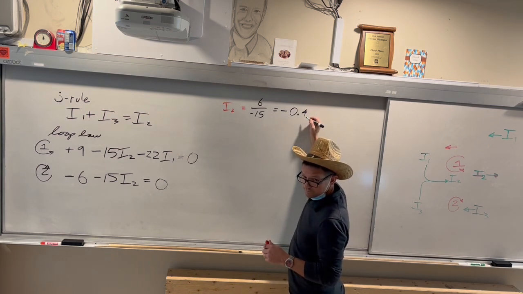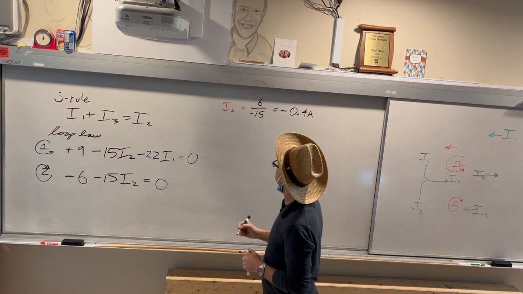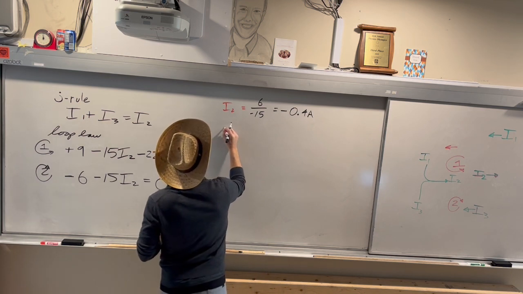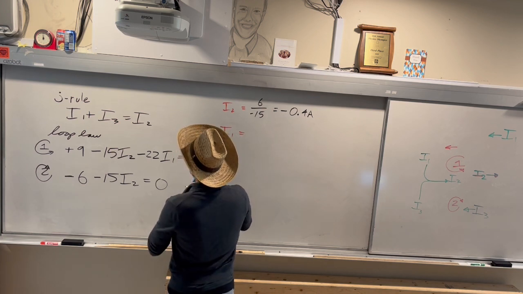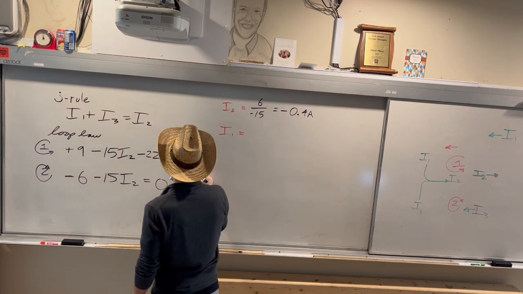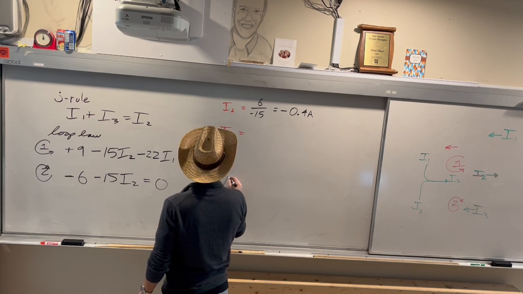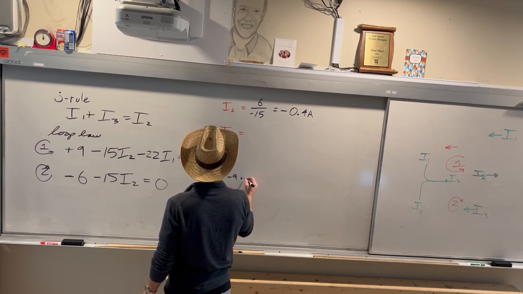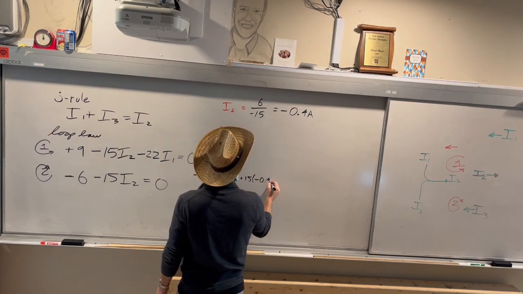Then I1 is 9 plus 6 over 22. I1 is positive.